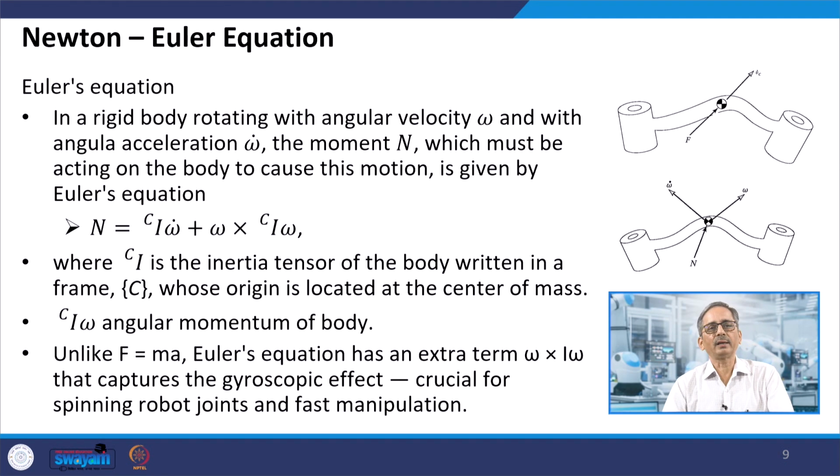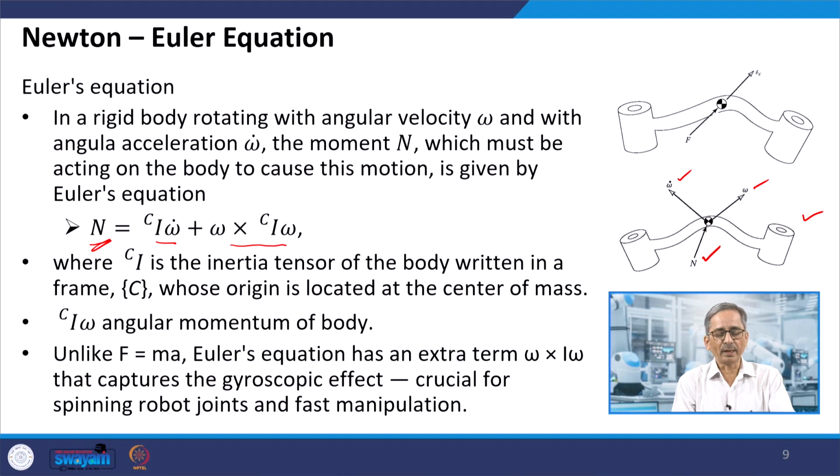Now, let us look at the Euler equation. So, suppose you have a link here, say, and this link has got an angular velocity omega and angular acceleration omega dot basically. Okay. So, naturally these things you will get if you have a moment n being applied on that, and this value of n is given by I omega dot plus omega cross I omega.